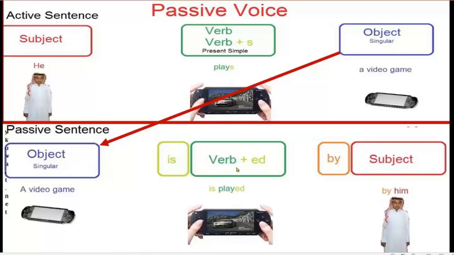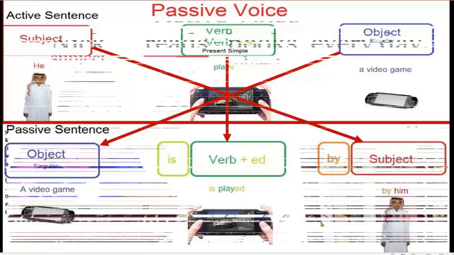Then we put the third form of the verb. If you want to mention the subject, put the preposition by and write the subject of the sentence, as we see in this sentence, a video game is played by him.